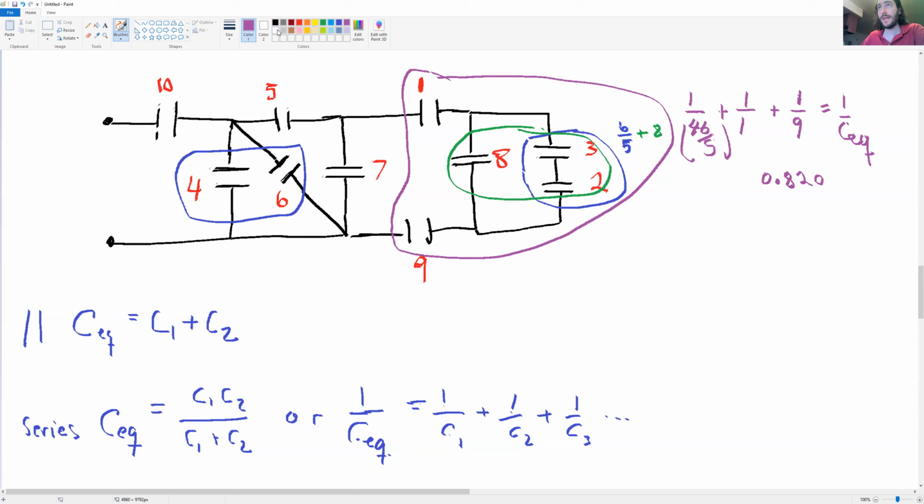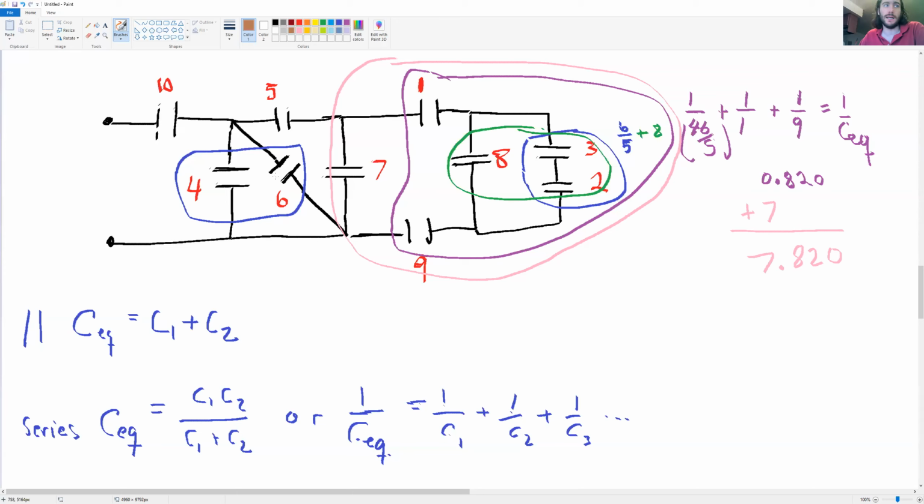All right, well, now we have the purple in parallel with the pink here. So purple in parallel with pink. So we're going to add in 7. We add in 7 to this guy, we get 7.82.